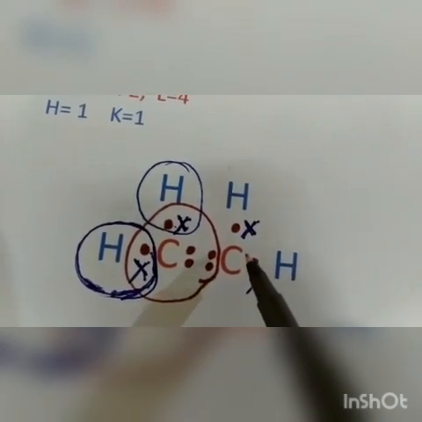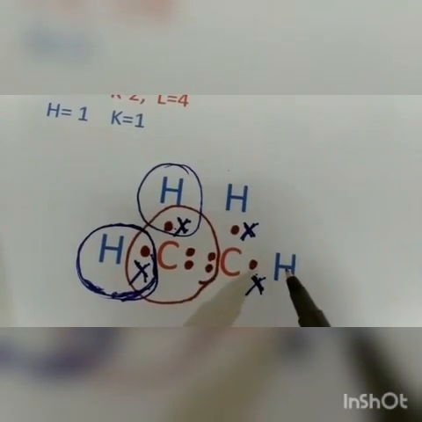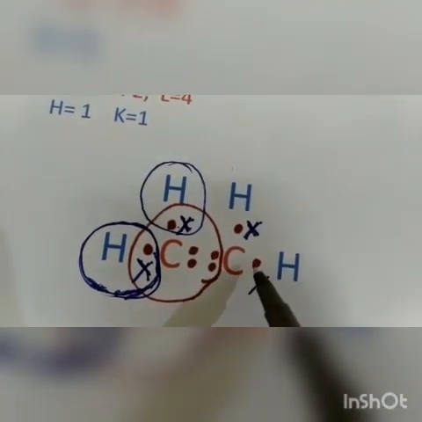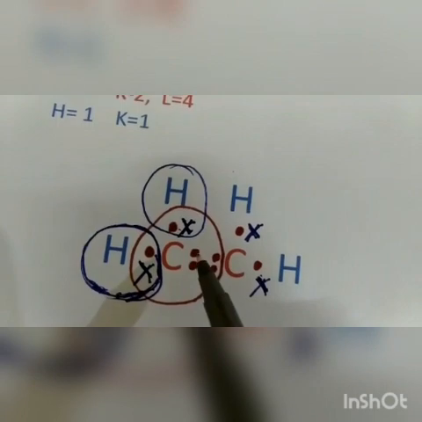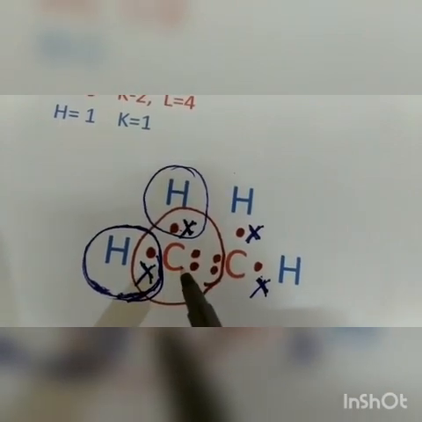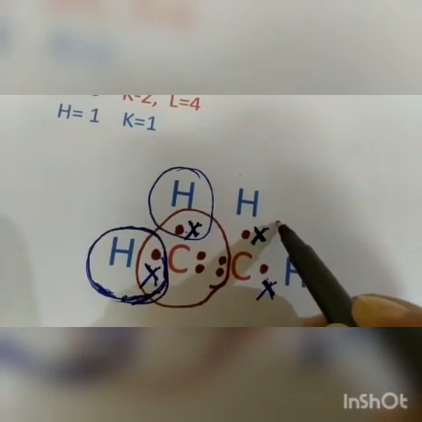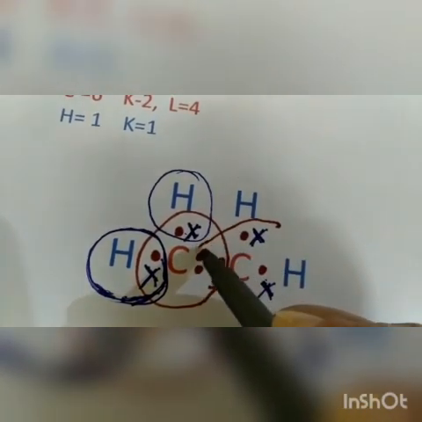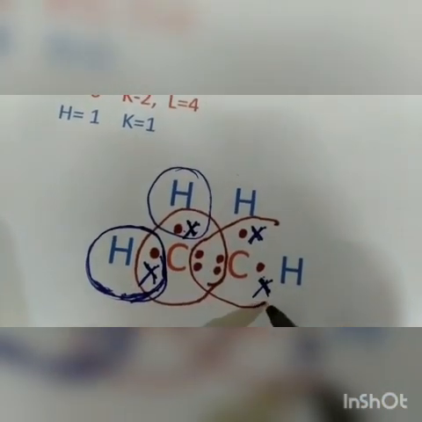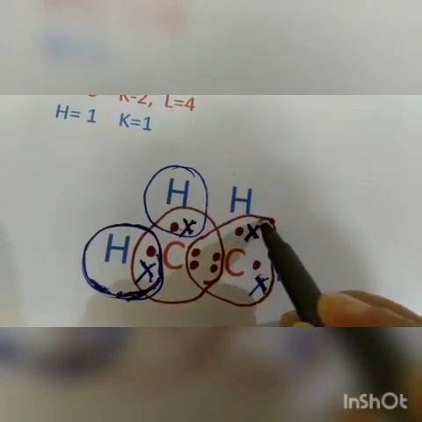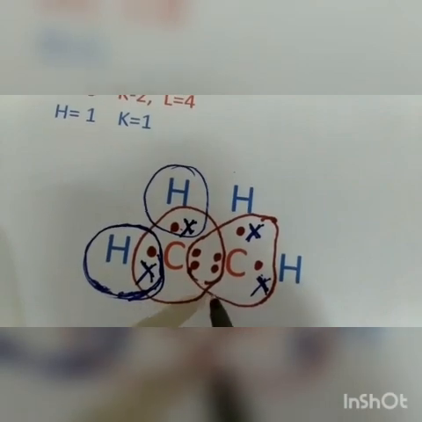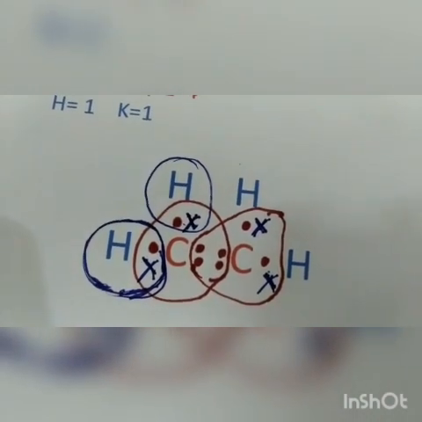Even in carbon 2 also, this hydrogen will share this electron with this carbon. This hydrogen will share this electron with this carbon. And these 2 electrons of carbon 1 will be shared with carbon 2. The circle is not round, students, but you please make it round.